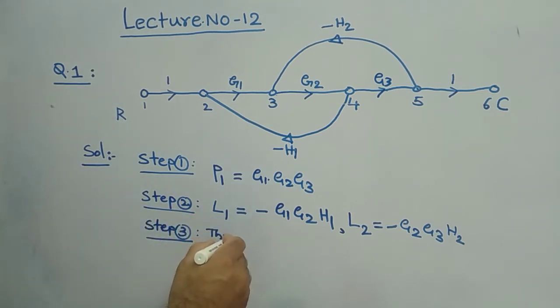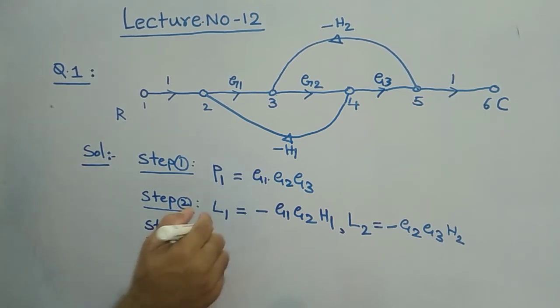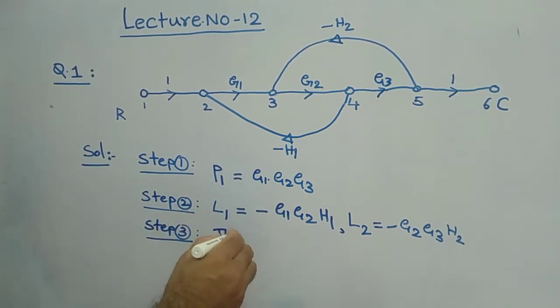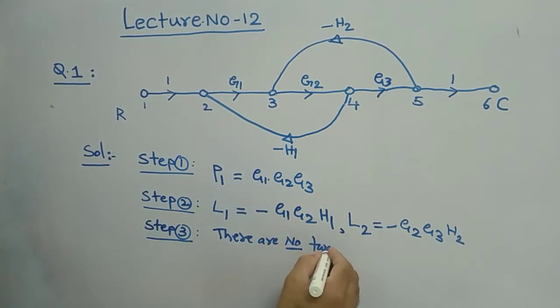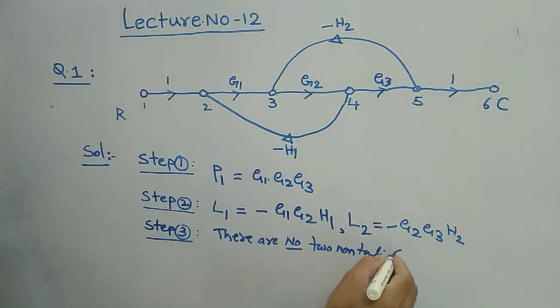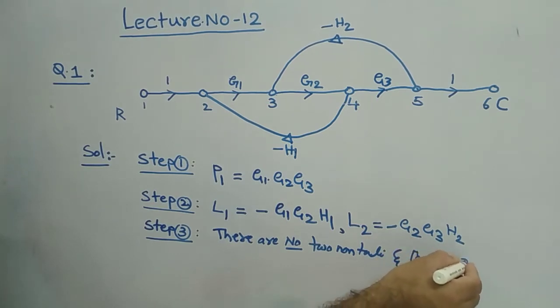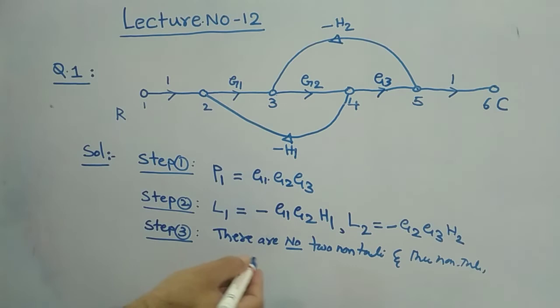So for your writing, there are no two non-touching loops and 3 non-touching loops. This is not at all required to write. If nothing is there, leave it.